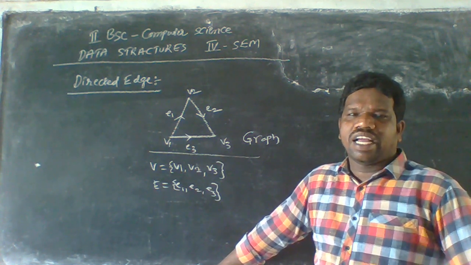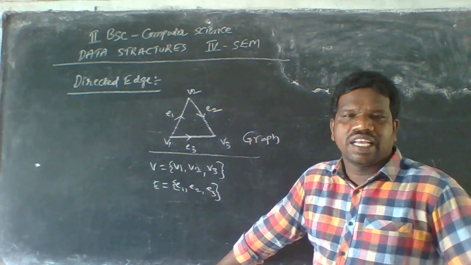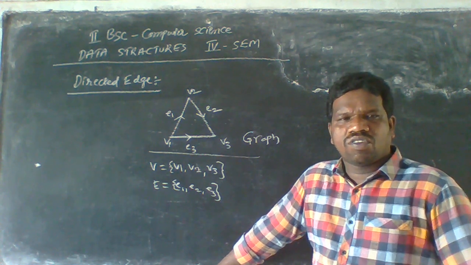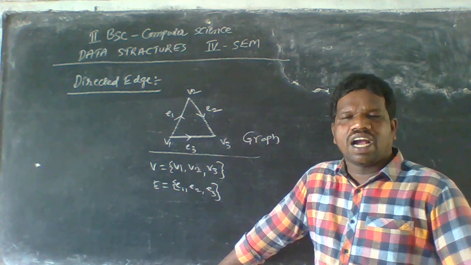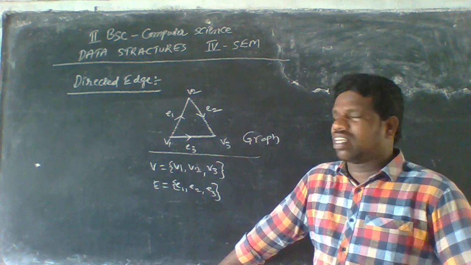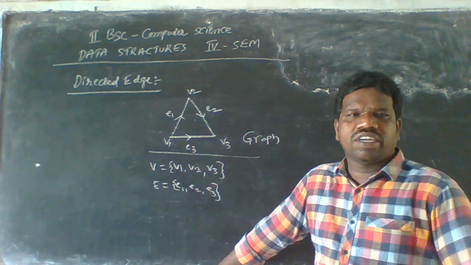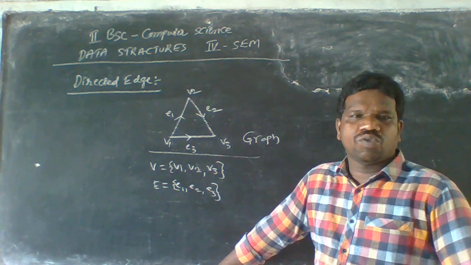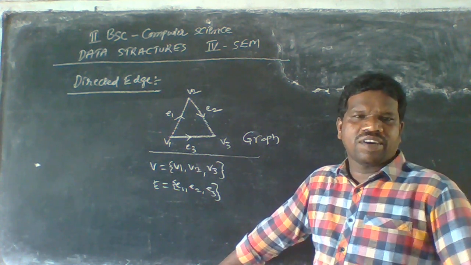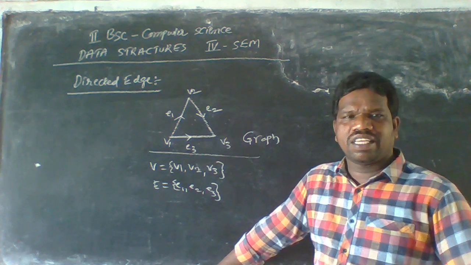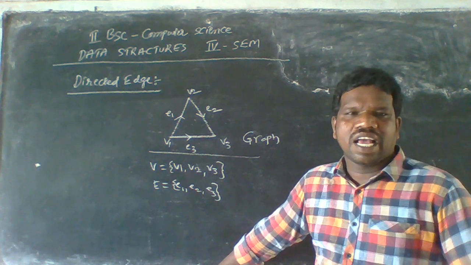In this graph there are three edges called E1, E2, and E3 here, and all these three edges form directions. Each and every edge represents only one direction, either forward or backward. We can see the direction followed by the edge by using the arrow mark here.